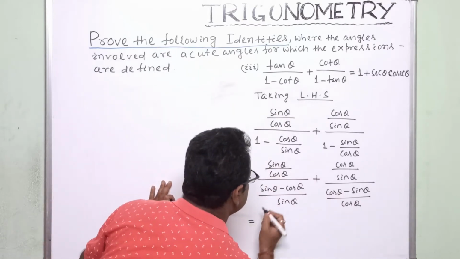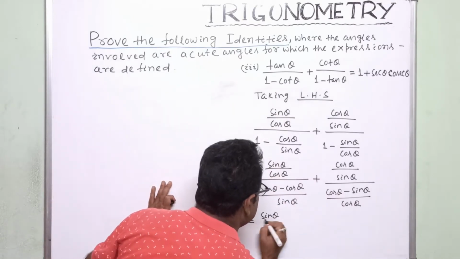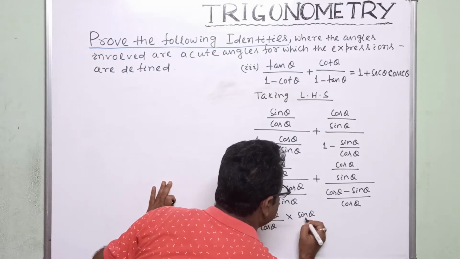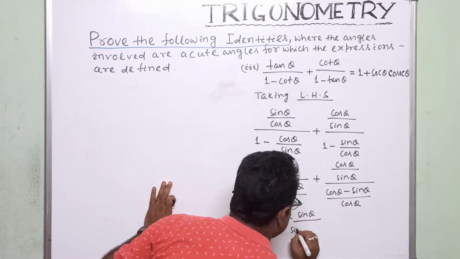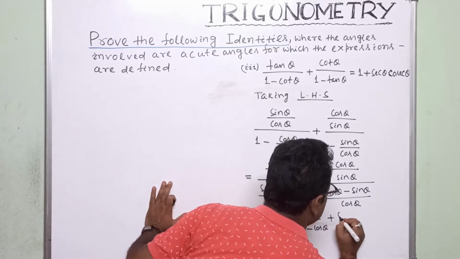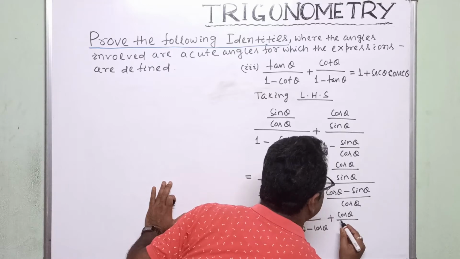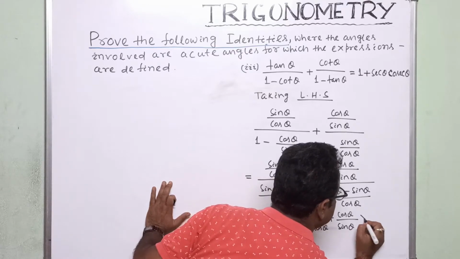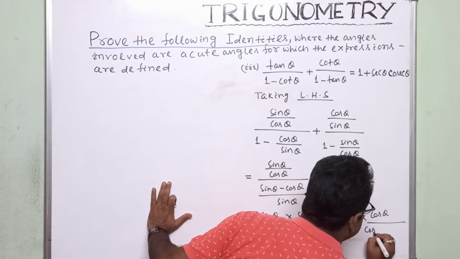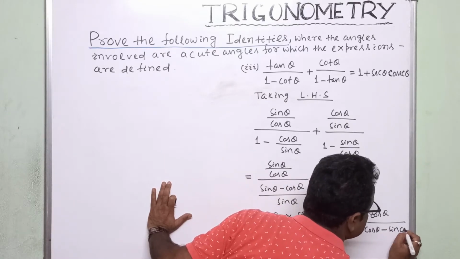That is equal to sin theta by cos theta into sin theta by (sin theta minus cos theta), plus cos theta by sin theta into cos theta by (cos theta minus sin theta).